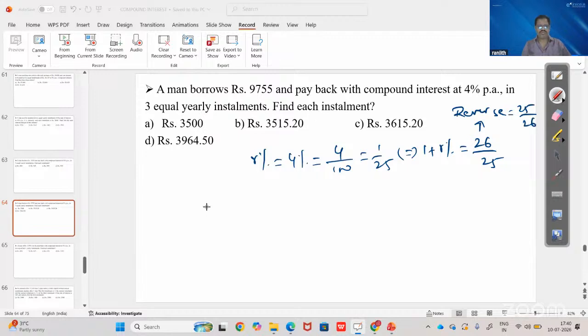So that will be equal to 1 is to 25 by 26 is to 25 by 26 whole square. So we have seen the formula, amount equal to x by 1 plus r percentage whole. This is the method we are writing directly.